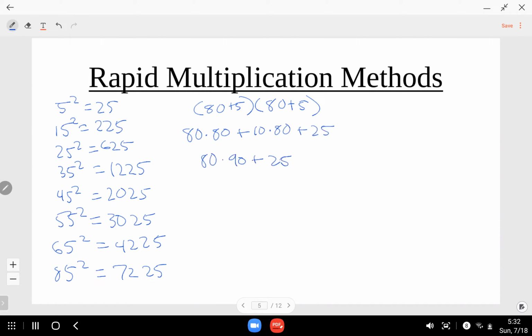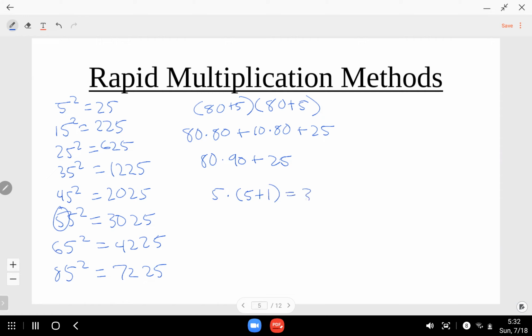So the rough formula every time is you take the first number, let's say 55 squared, 5 times 5 plus 1. That's what we're doing here. And then we multiply that by that number plus 1.